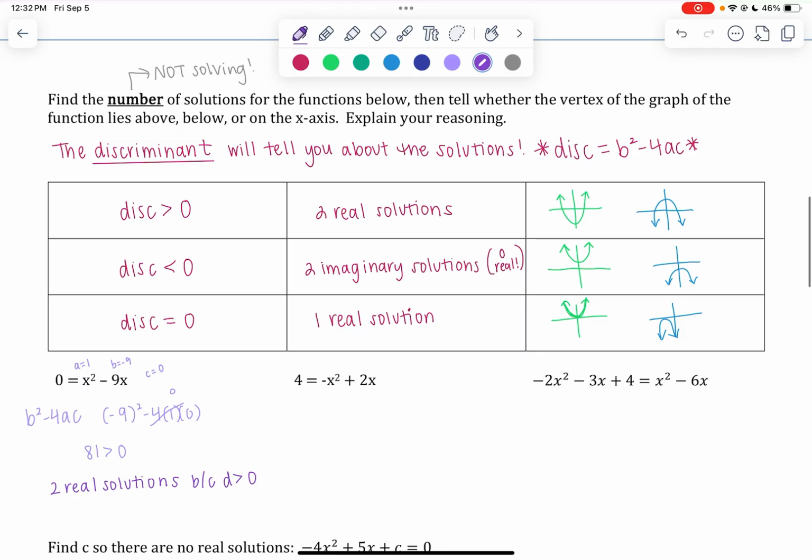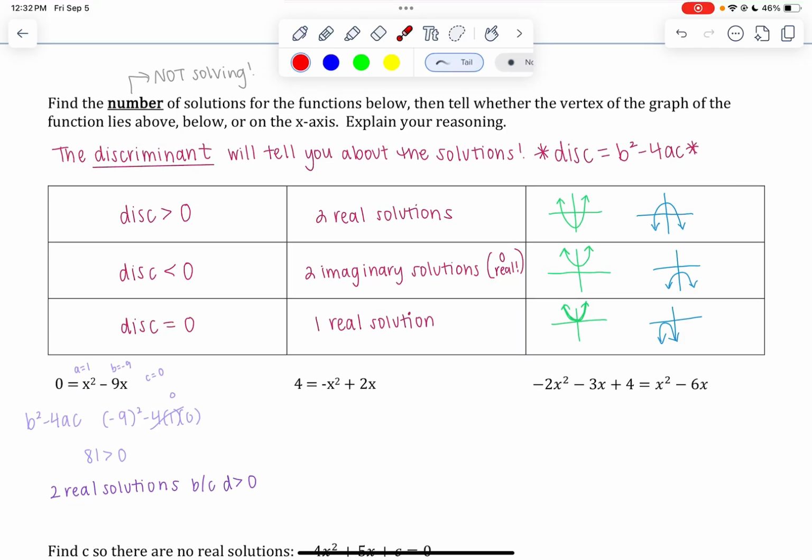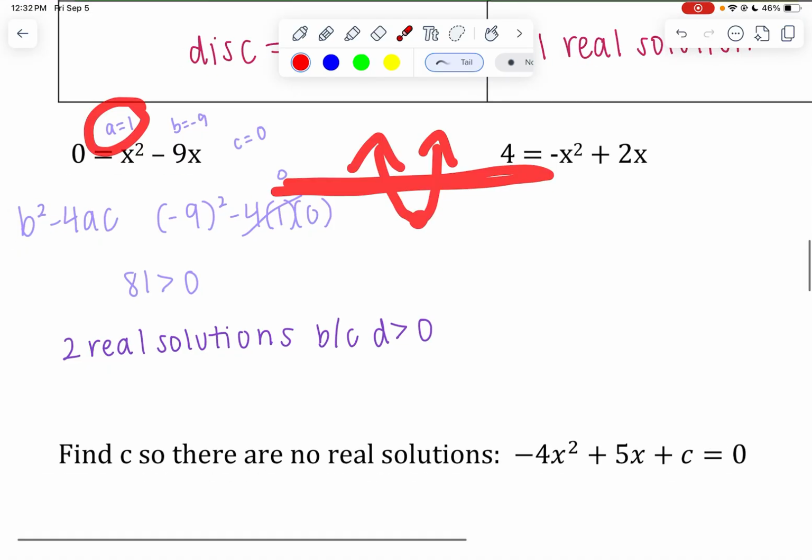Now, back up here, it says explain your reasoning, that's part of it. Does the vertex of this graph lie above or below? Well, A is 1, which is positive, which means it opens up, and it has to cross your x-axis, so your vertex is going to lie below the x-axis, okay?